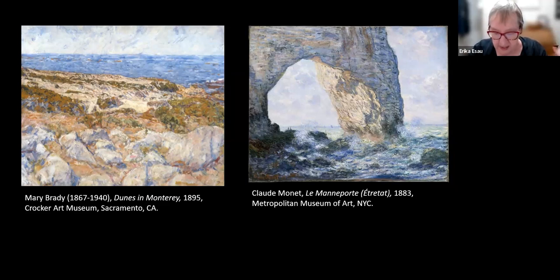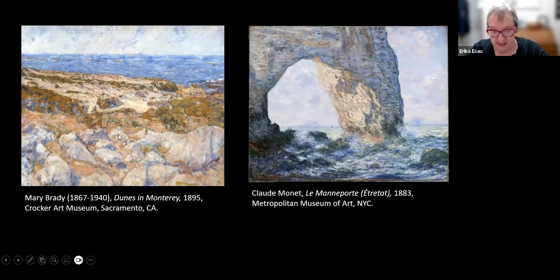When she came back, Brady became a longtime resident of Carmel, and she was one of the first in the 1890s to settle there. After leaving Giverny, she set up her home and studio in Monterey, so in the late 1890s already, where she painted the area's dramatic landscape in a loose style informed by her exposure to French Impressionism.